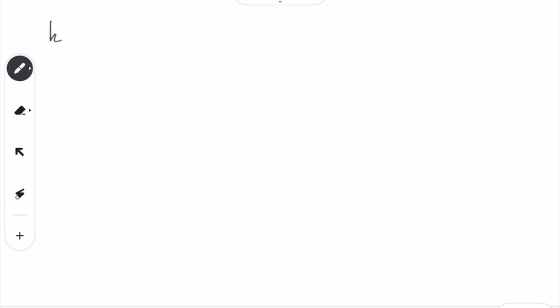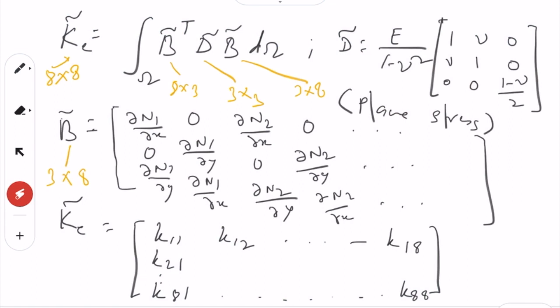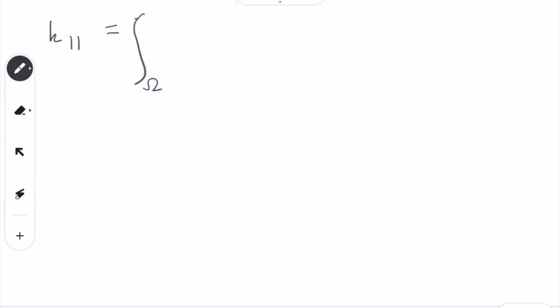So, K11 you have to find out. K11 will be equal to this, and we will have the first row of B transpose, which will be this one. So, we write it as del n1 over del x, 0, del n1 over del y. Then we have the D matrix, so then we multiply by D. Let's write D like this.